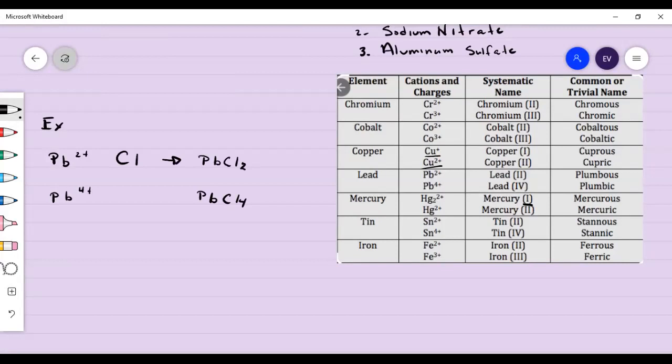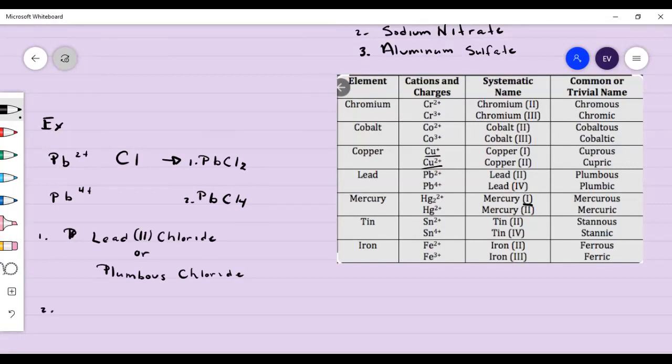Okay, now if I'm going to name this guy with the rules, we'll call this one number 1 and number 2. So number 1 would be lead 2 chloride, remember, because it's a single atom that ionizes, lead 2 chloride, or plumbous chloride.